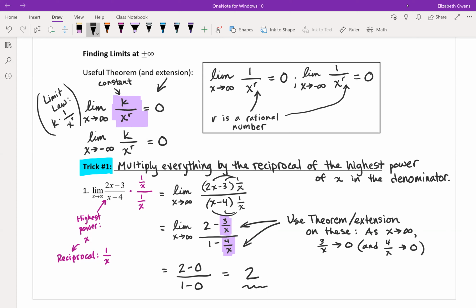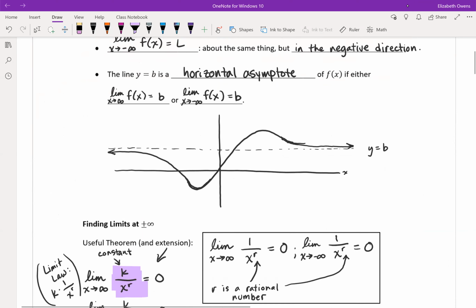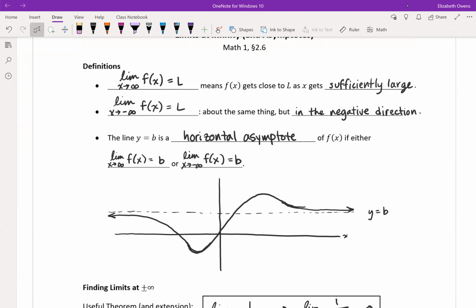So that is the limit as x approaches infinity of 2x minus 3 over x minus 4. As x gets very, very large, the function values taper off and approach a value of 2. Thinking of our original definitions, this third definition kicks into effect. This function has a horizontal asymptote at y equals 2.